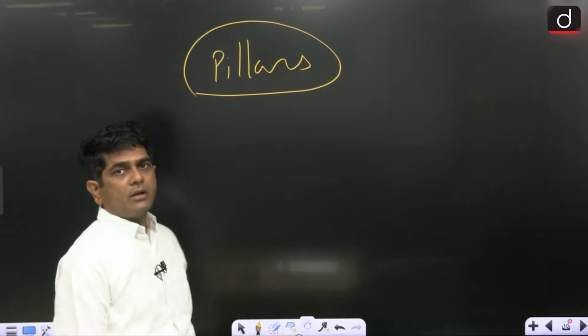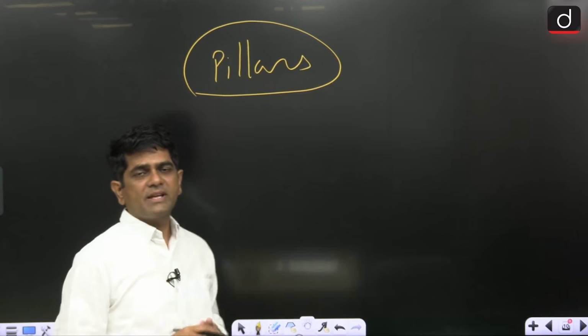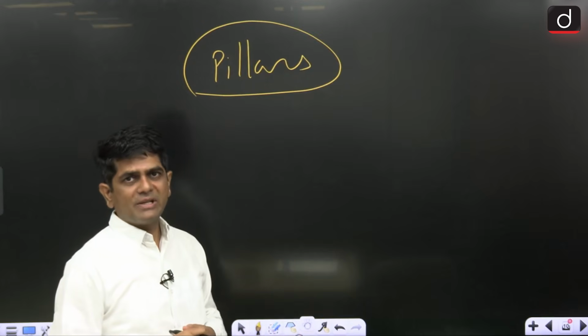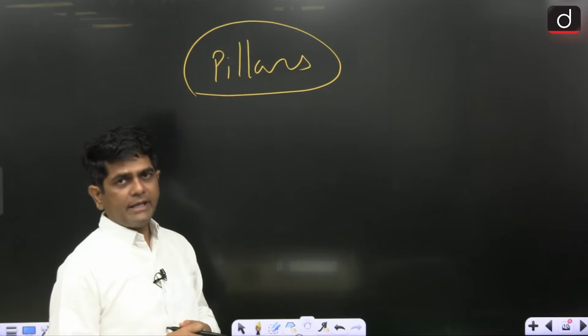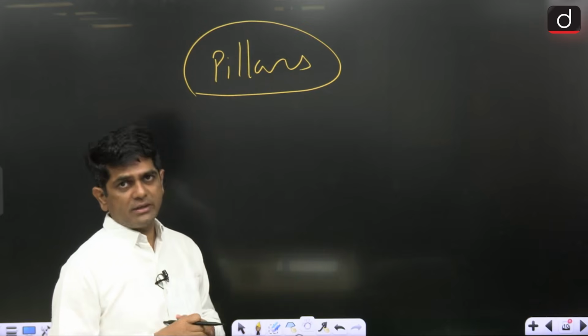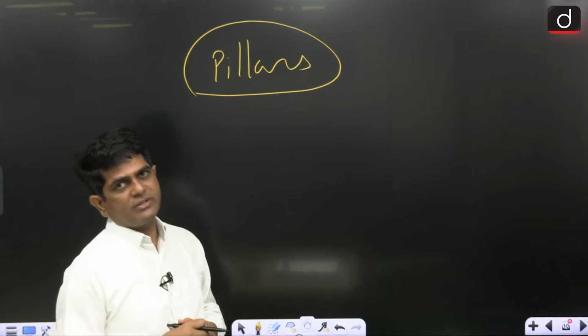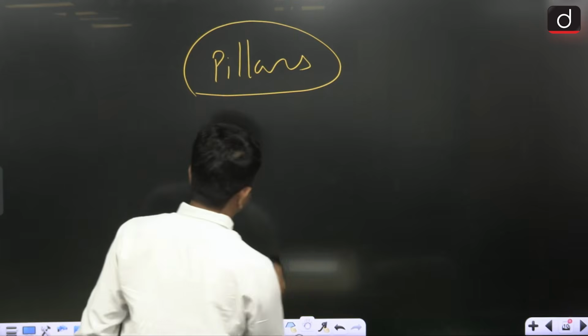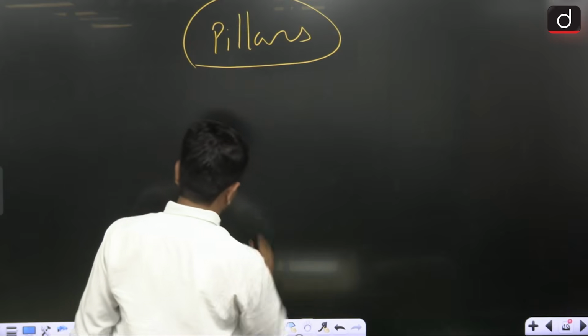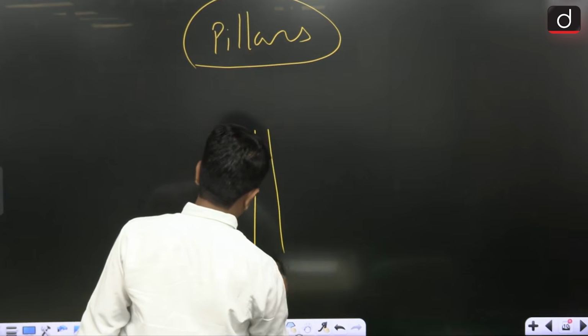Ashoka, to inform his subjects about his state policies, did what? He erected pillars in various parts of his empire and inscribed information. Inscribed what? Information. Pillars were like this.